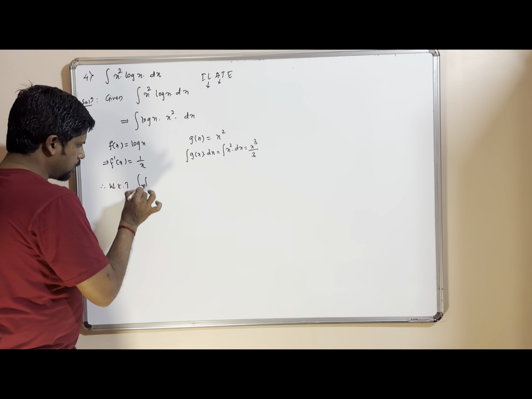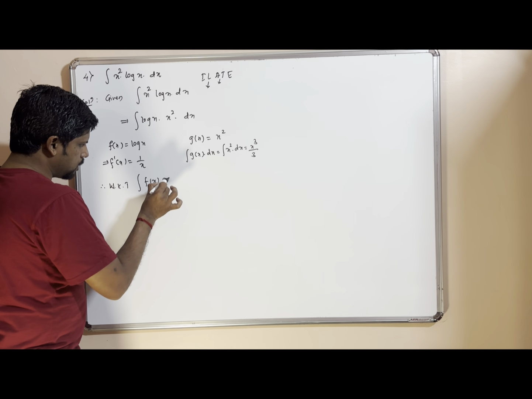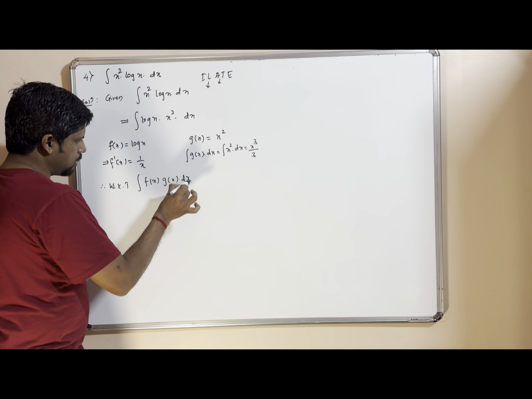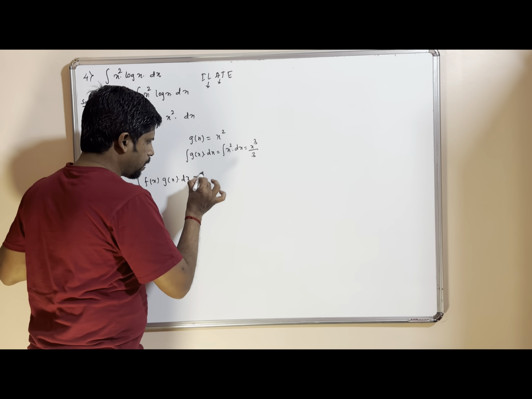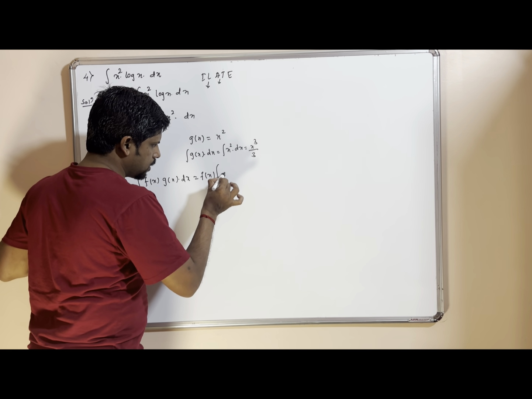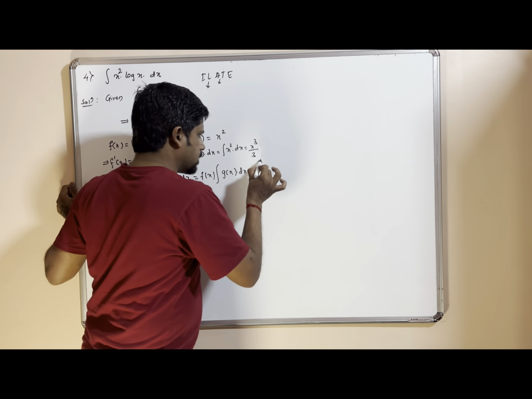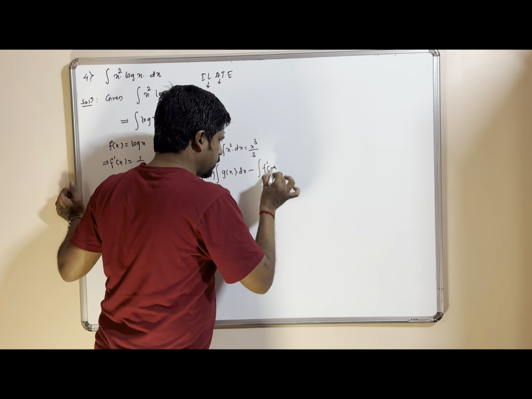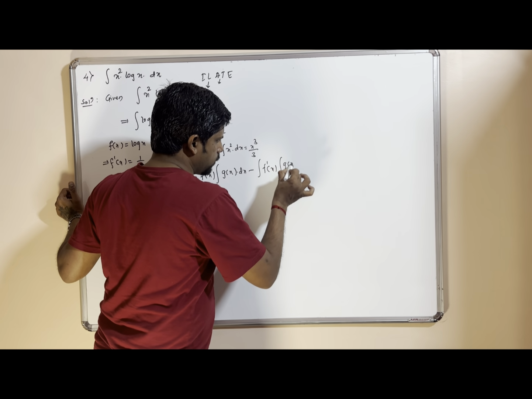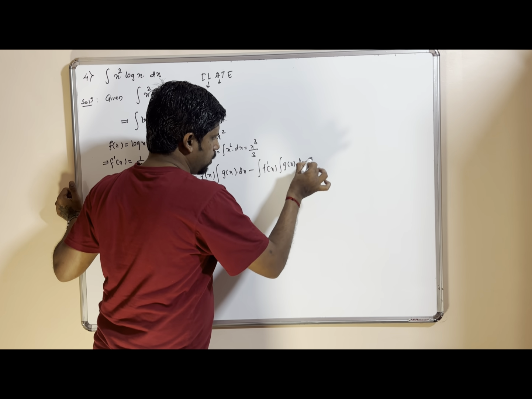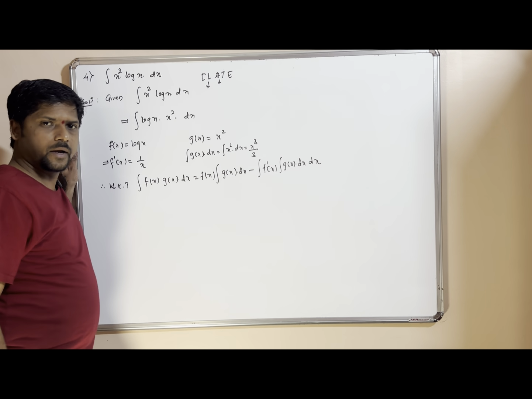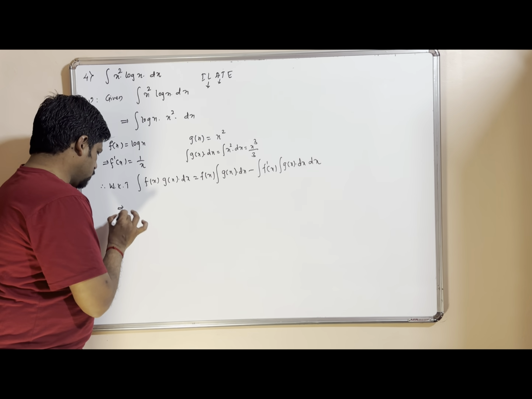So therefore we know that integration of f of x g of x into dx is equal to f of x integration of g of x into dx minus integration of f dash of x integration of g of x into dx into dx. So substitute the values.